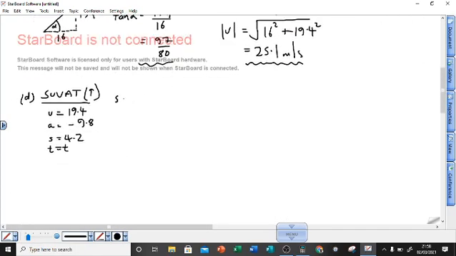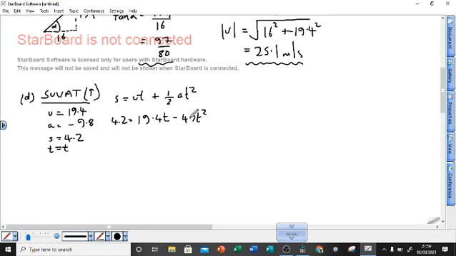So I've got S equals UT plus a half AT squared. So S, well, that's your 4.2 equals UT, so that is 19.4 lots of T plus a half AT squared, so that's going to give you minus 4.9 T squared.